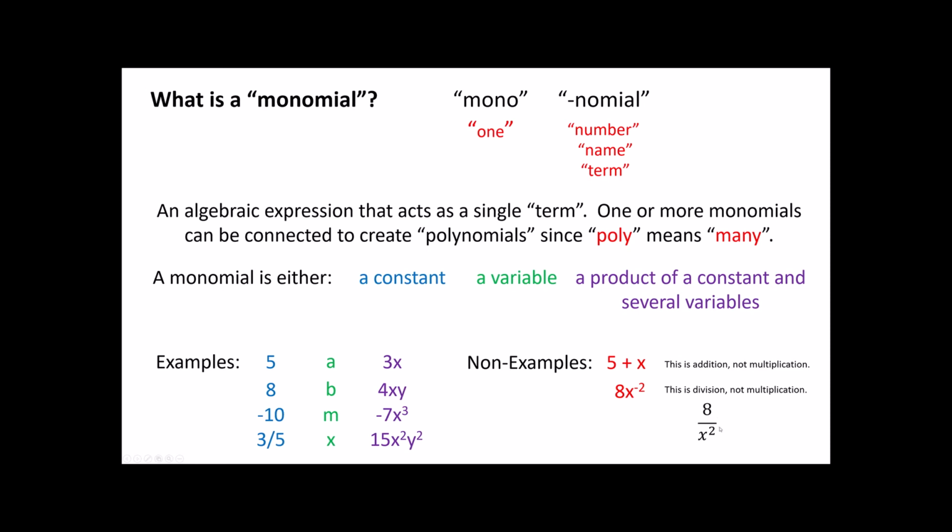It is division. Now, I personally think this is a very fine distinction because you can take any division problem and rewrite it into a multiplication problem by using its multiplicative inverse. But when we're defining monomials, it's very important that you recognize this is not classified or considered to be one.